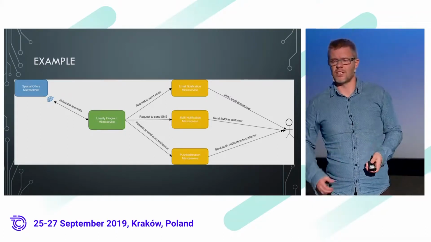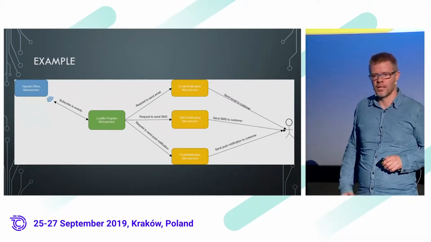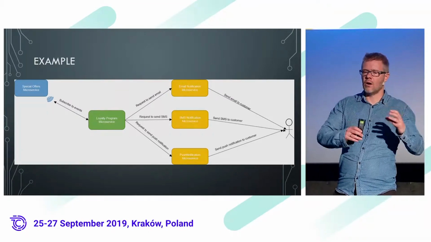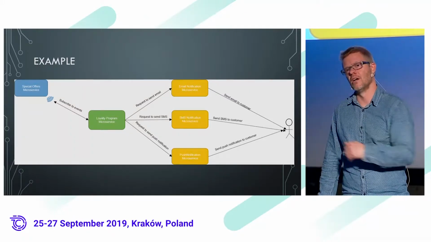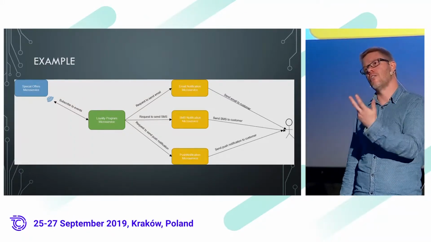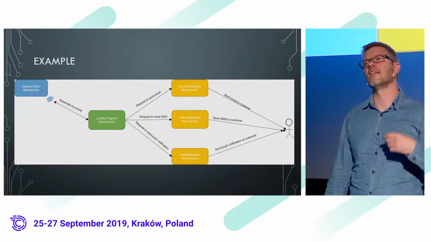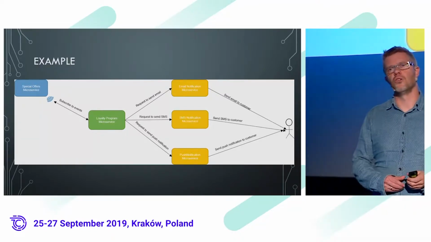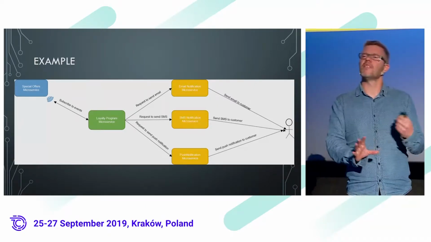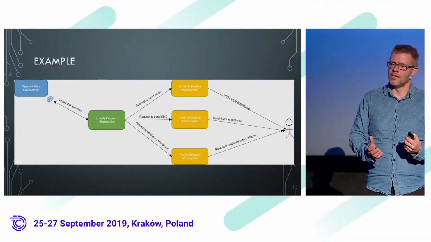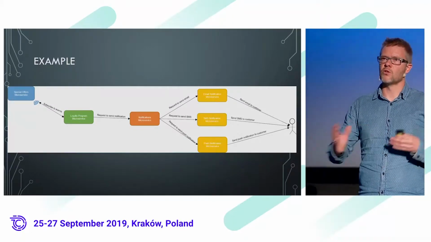Now, if we look at this picture, there's still something bothering about it. The loyalty program doesn't know how to send each of these notifications, but it still knows that there are 3 ways of sending notifications, and it still has to decide which one to use. And that pushes us towards maybe there's actually a business need there. So sometimes there's a back and forth between these things.